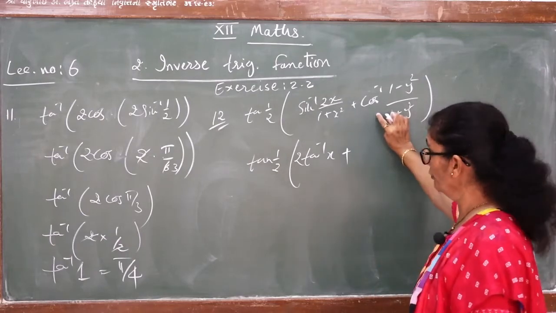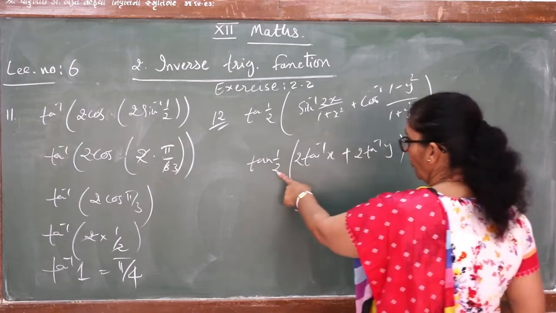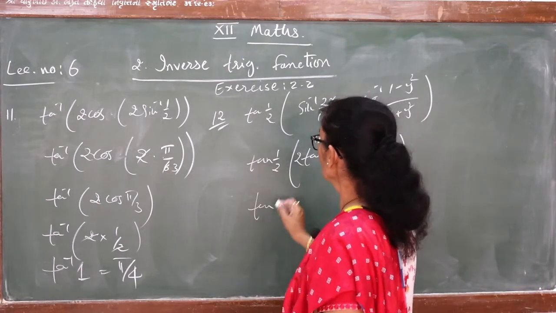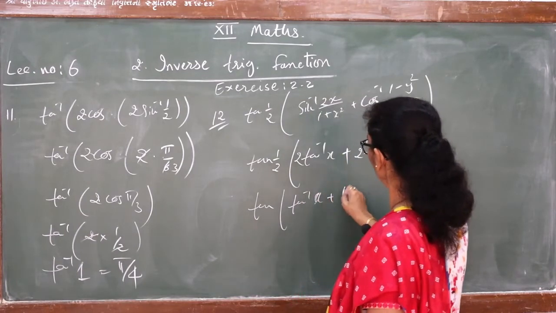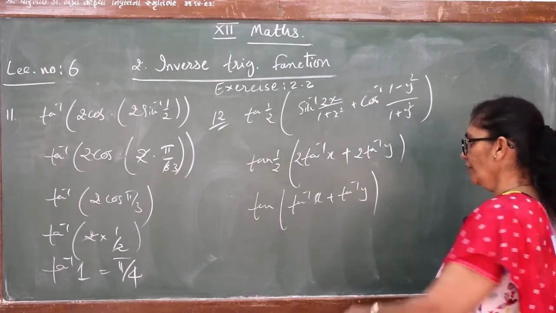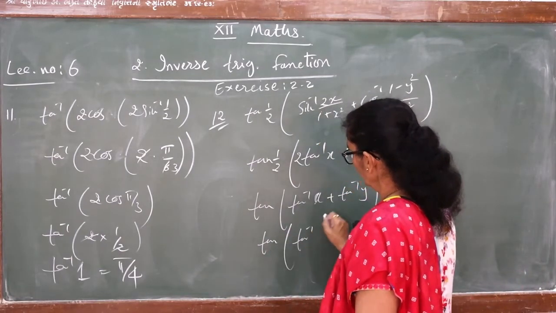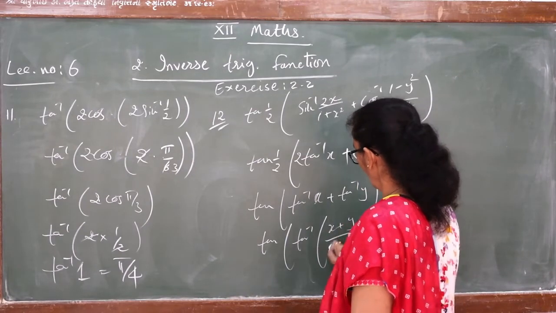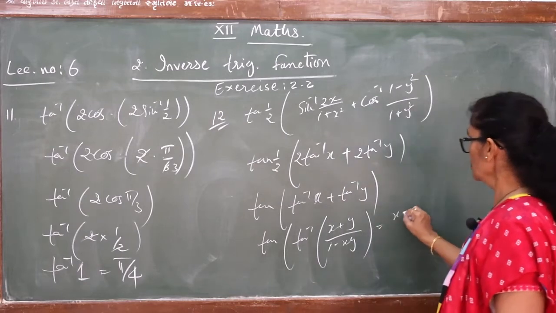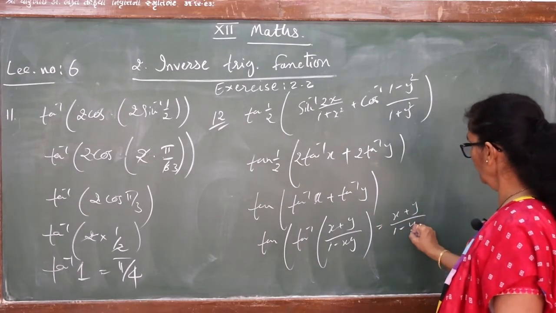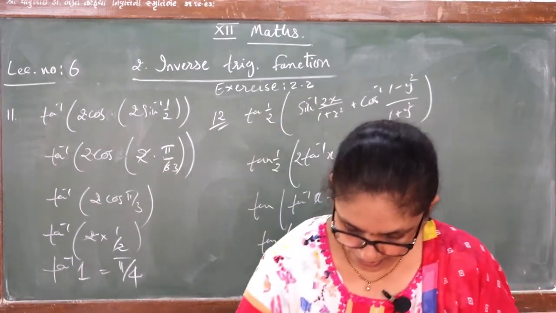Similarly, this is also your formula for 2 tan inverse y. Now take 2 common and cancel with this half. So tan of tan inverse x plus tan inverse y. Now for that also we have a formula: tan inverse x plus y upon 1 minus xy. Tan inverse cancels, so the answer is x plus y upon 1 minus xy. This is your answer.